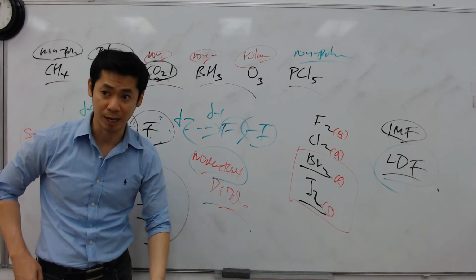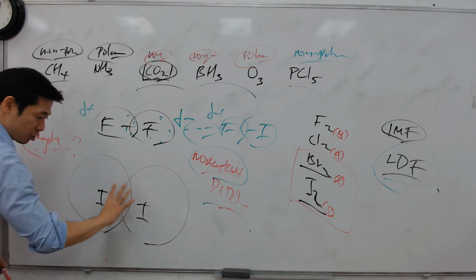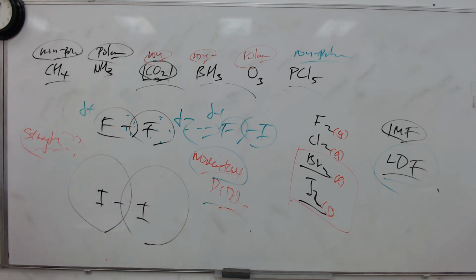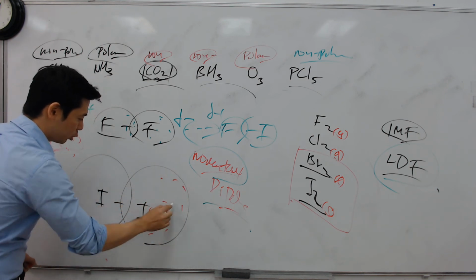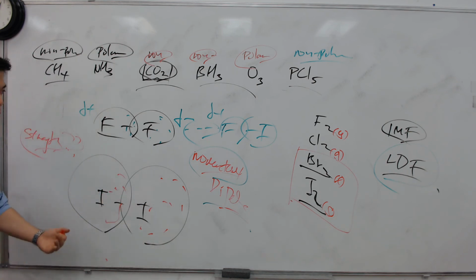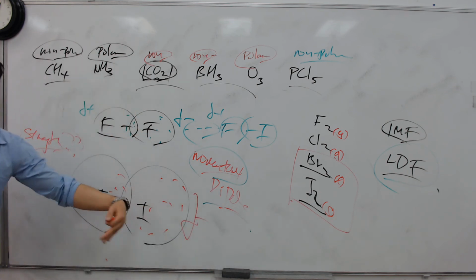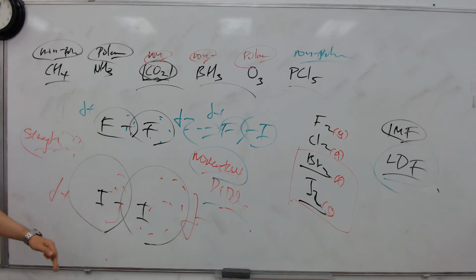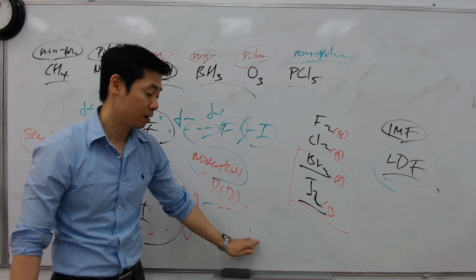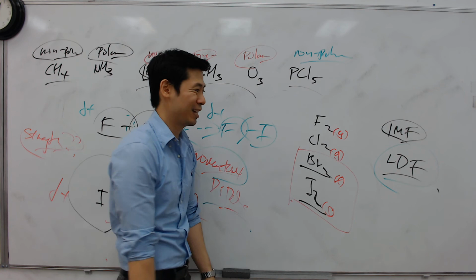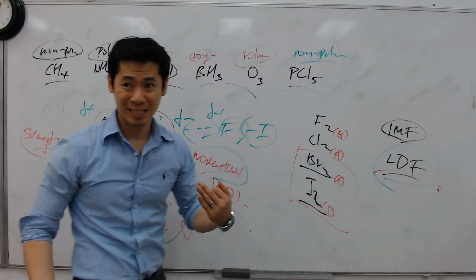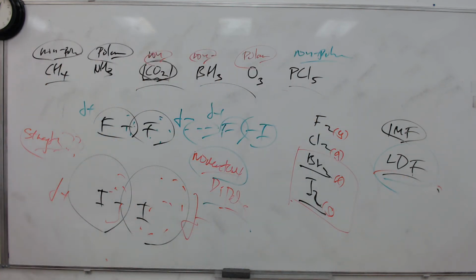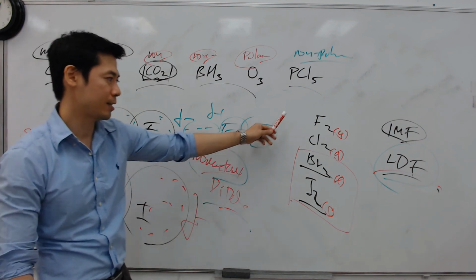With more electrons, more electrons can shift to one side at one point, which creates a bigger momentary dipole, and you have a stronger LDF.